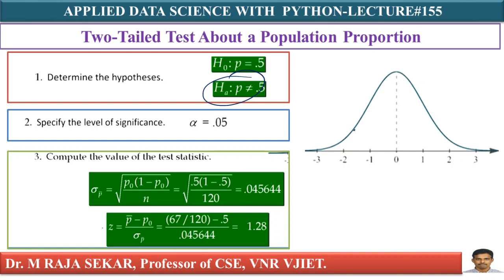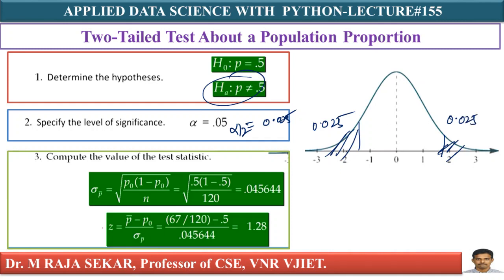Two-tail test means here, what is my alpha? Alpha is 0.05. But alpha by 2 is 0.025, isn't it? On the left hand side I must have 0.025, and on the right hand side also we have 0.025 area.